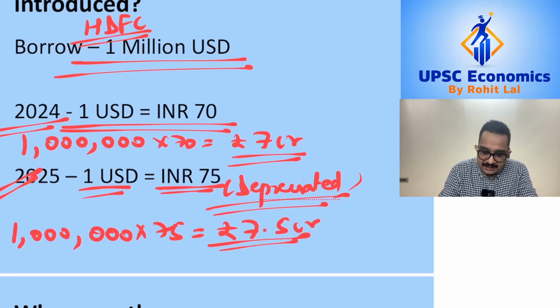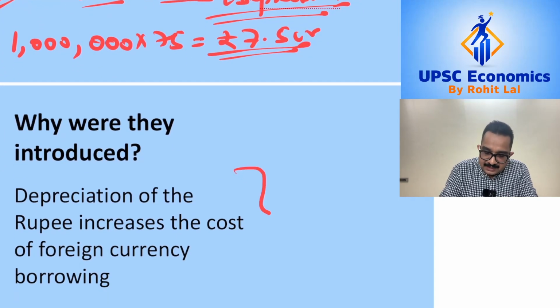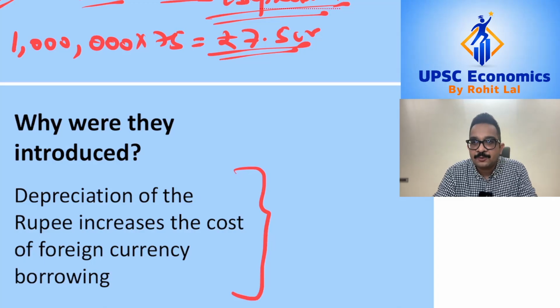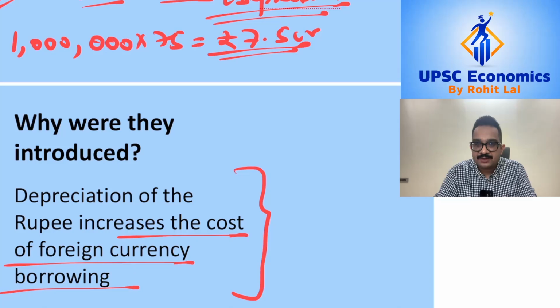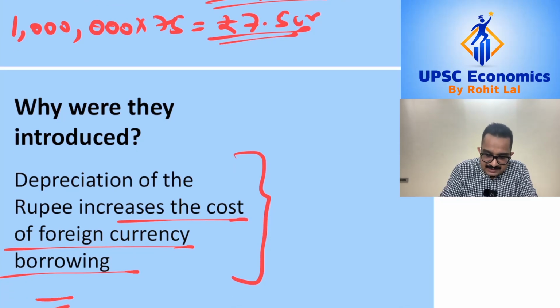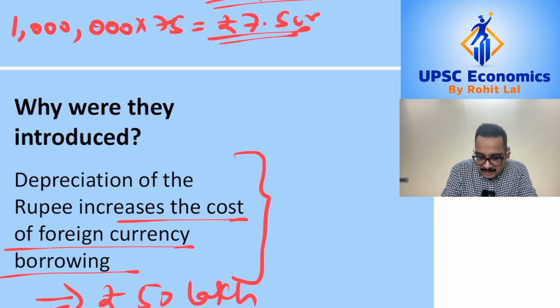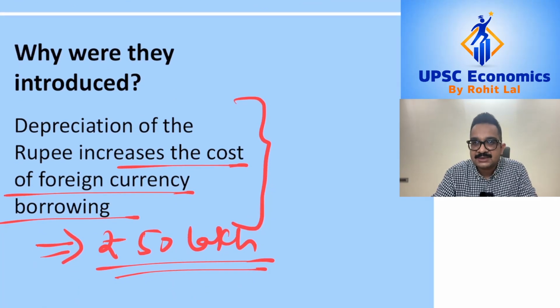So what you can clearly see out here is that the depreciation of the rupee has increased the cost of borrowing in foreign currency. So clearly out here we can see that HDFC Bank is required to pay an additional 50 lakhs merely because the rupee has depreciated against the dollar and HDFC Bank had borrowed in US dollars.